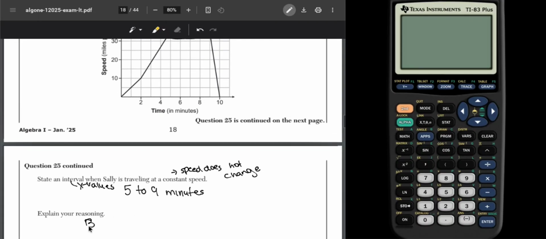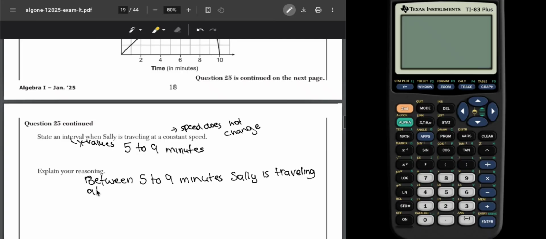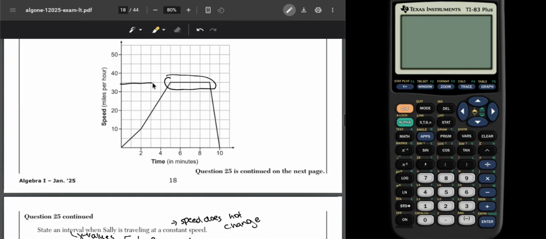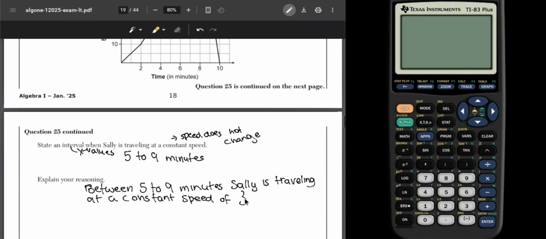We can say that between 5 and 9 minutes, Sally is traveling at a constant speed of 35 miles per hour, not increasing or decreasing.